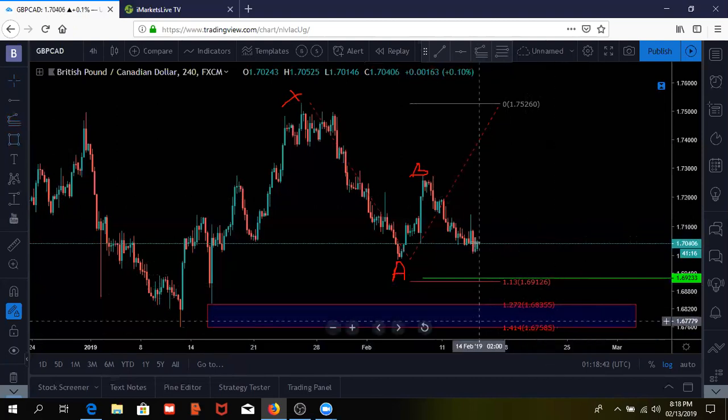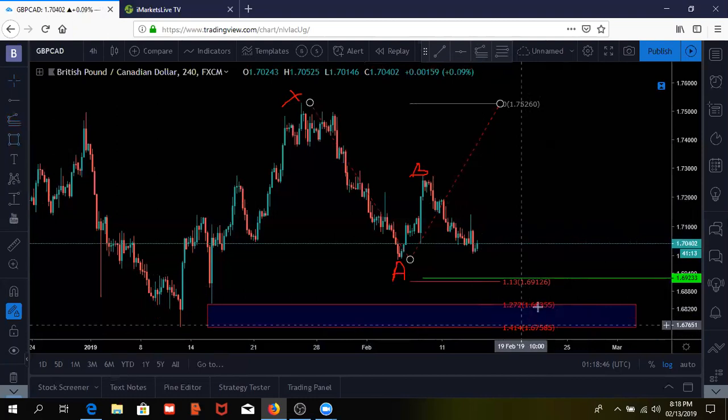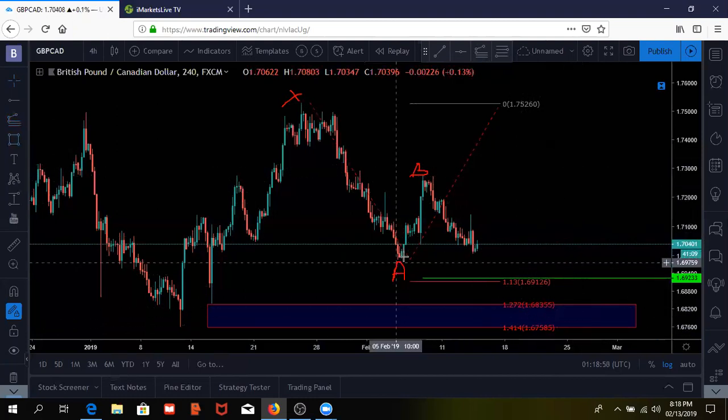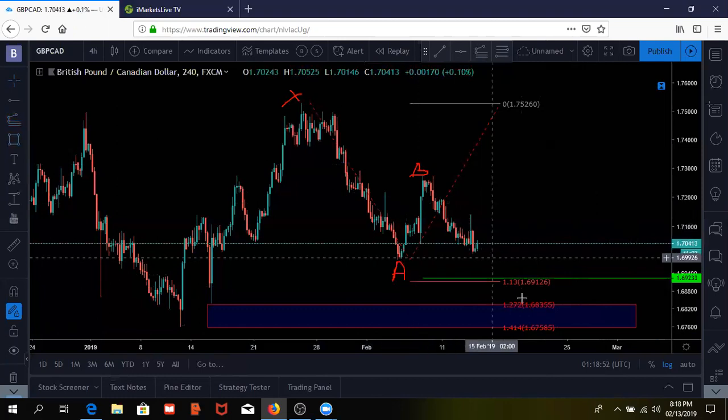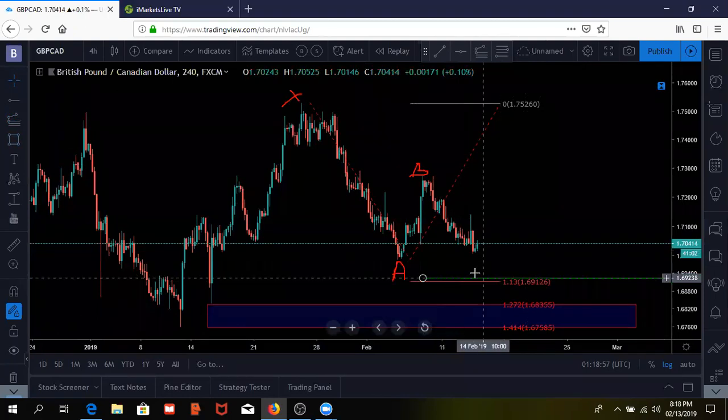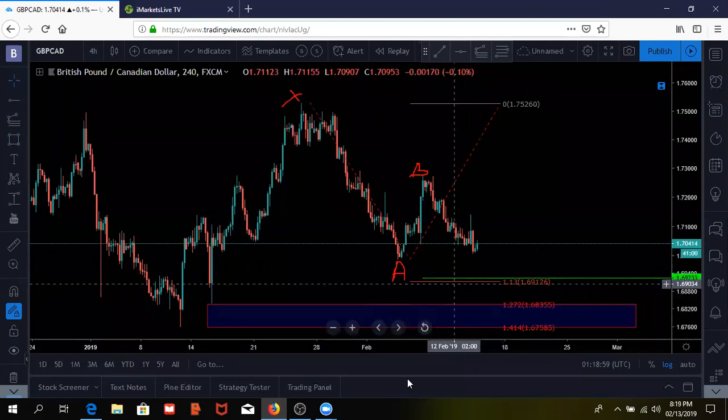So we could be looking for our C leg to potentially push down here into this zone before reversing if it breaks that A leg, okay? Price could reverse anywhere in this area right here.